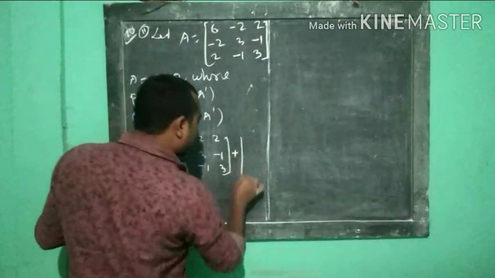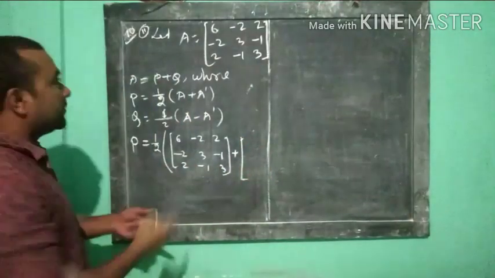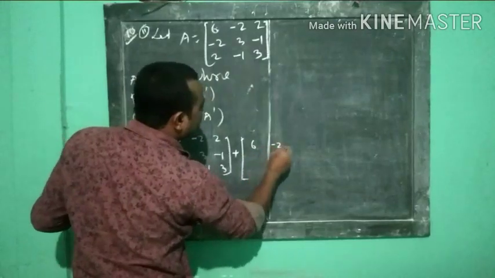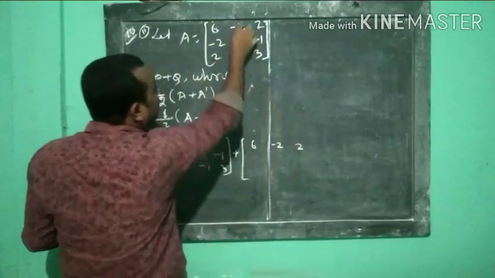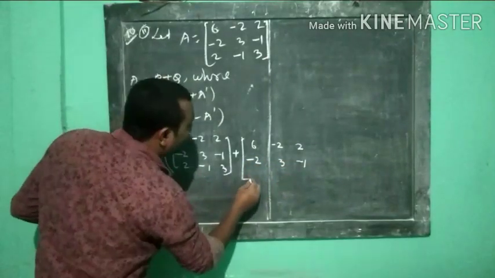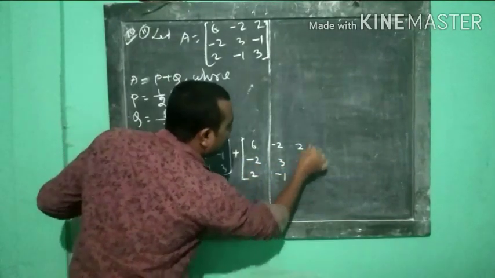What is A transpose? By interchanging the rows and columns, we get 6, minus 2, 2; minus 2, 3, minus 1; 2, minus 1, 3.